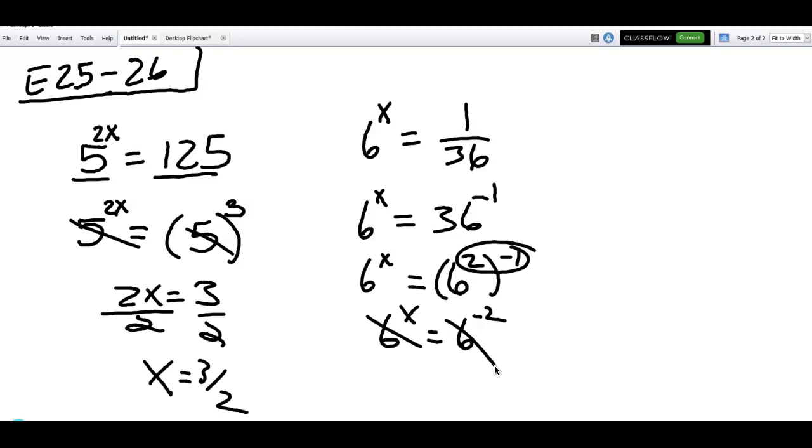The final thing that you might want to be prepared to do, let's see, what's another one? How about 7 to the 3x plus 2 equals the square root of, okay, whatever, 7.